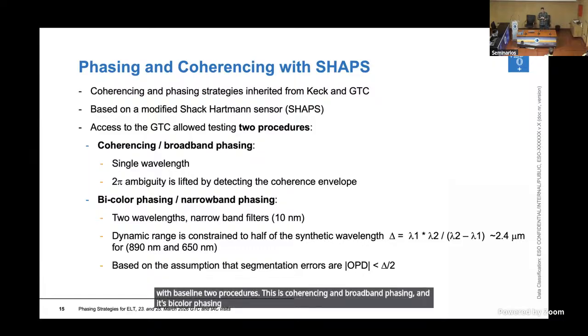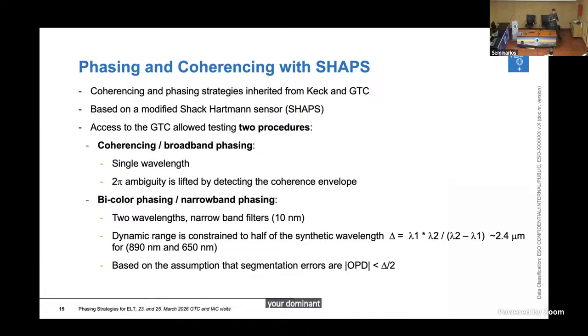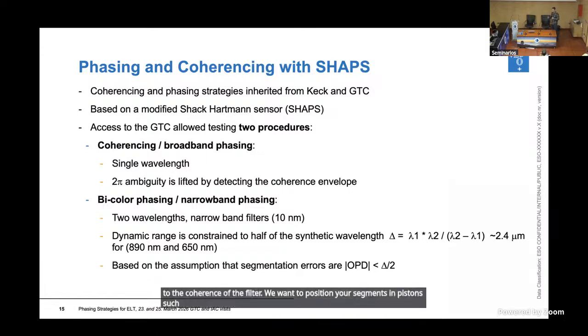In coherencing, your dominant, or more important, metric is not the phase, but the coherence. So first, you want to see where we are with respect to the coherence of the filter. You want to position your segments in pistons such that they come into the coherence of the filter in use.